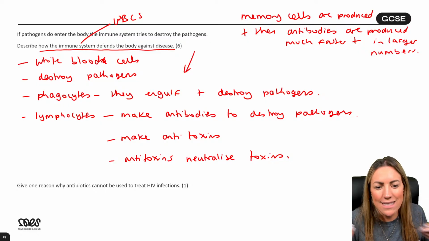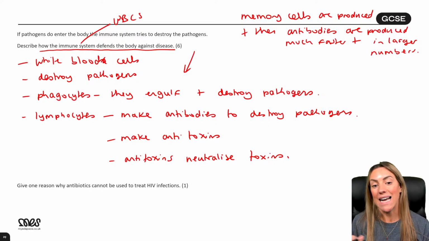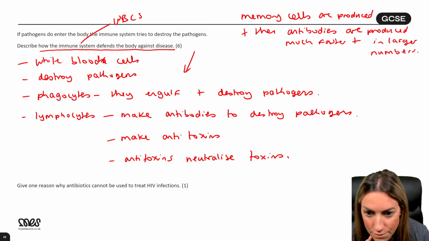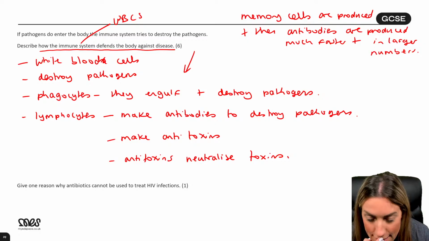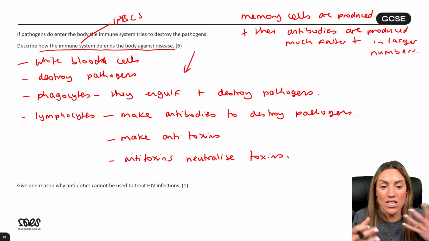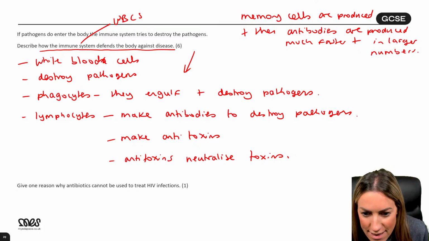They can recognize the same antigen if it's encountered again, and then you can make the antibodies much faster and in larger numbers to destroy the pathogen more quickly. Memory cells actually come from the lymphocytes themselves. You've got different types of lymphocytes, but they can differentiate or specialize into memory cells.